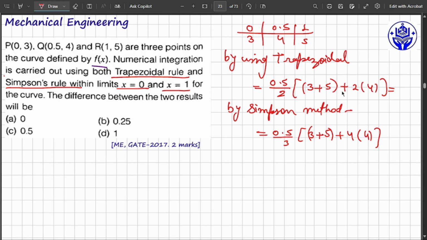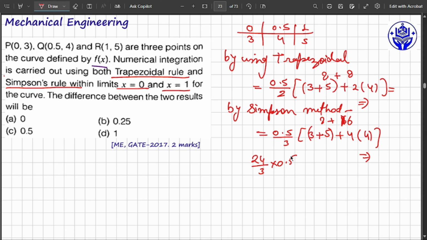Now if I take the difference between these two, it will be 0 after calculating. Here it is 8 plus 8, and here it is also 8 plus 8, because 3 plus 5 is 8. 8 plus 8 is 16, and 16 plus 8 is 24, by 3 into 0.5.